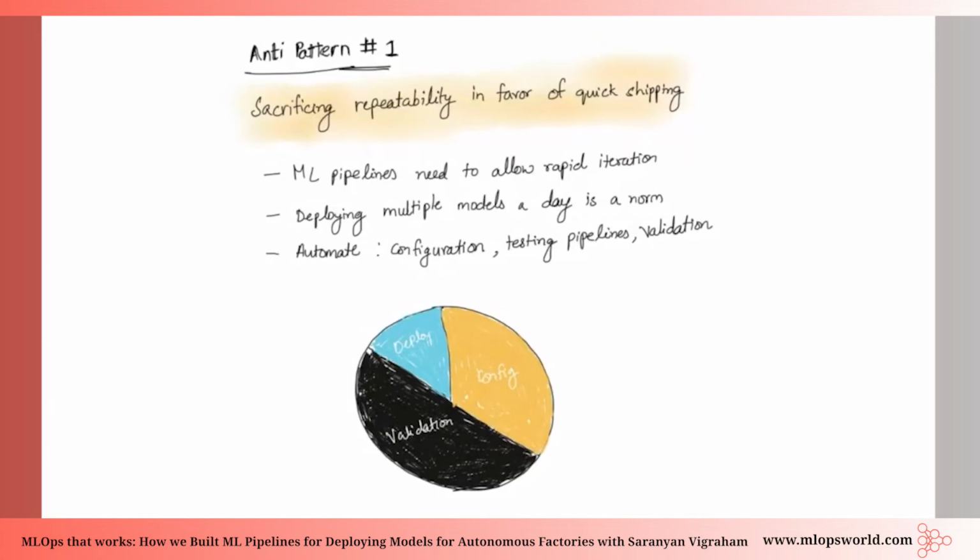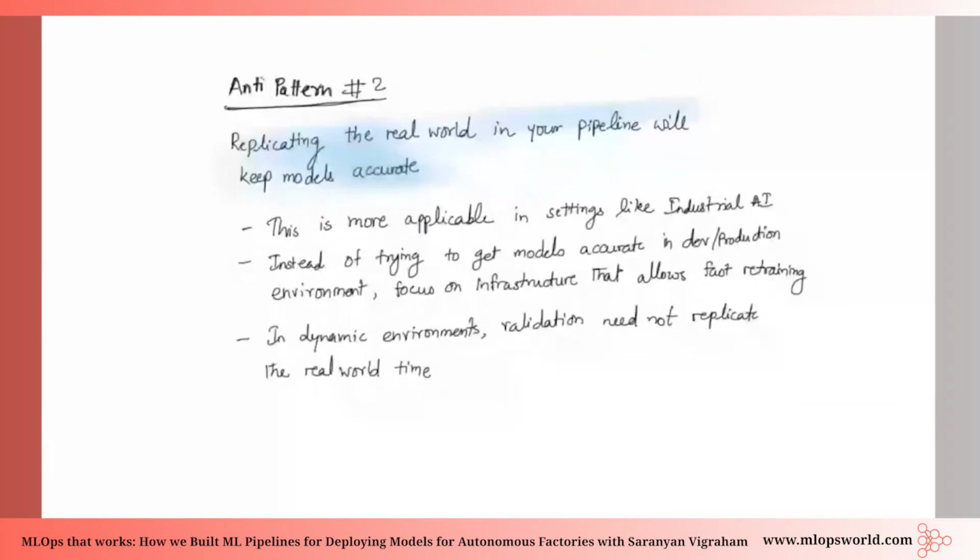And when we looked at what we ended up doing, our deployment time was not that much compared to the configuration time we were spending, and also the validation time. So that takes us to the second lesson: you don't need to replicate the real world in your pipeline all the time. What I mean by this is, at least in industrial IoT models, you end up running your models for a certain duration of time, like multiple days, and that's when you start identifying a few environmental issues.